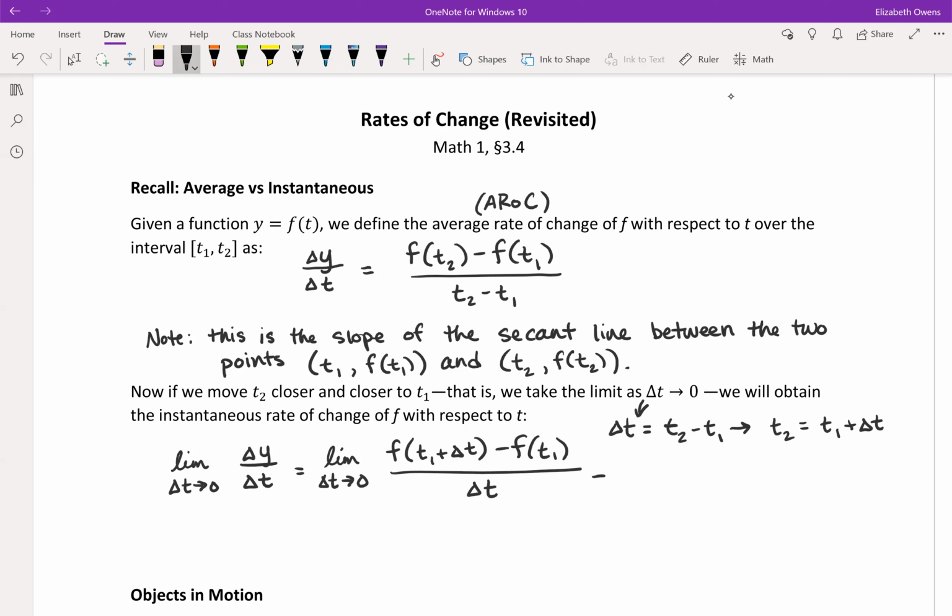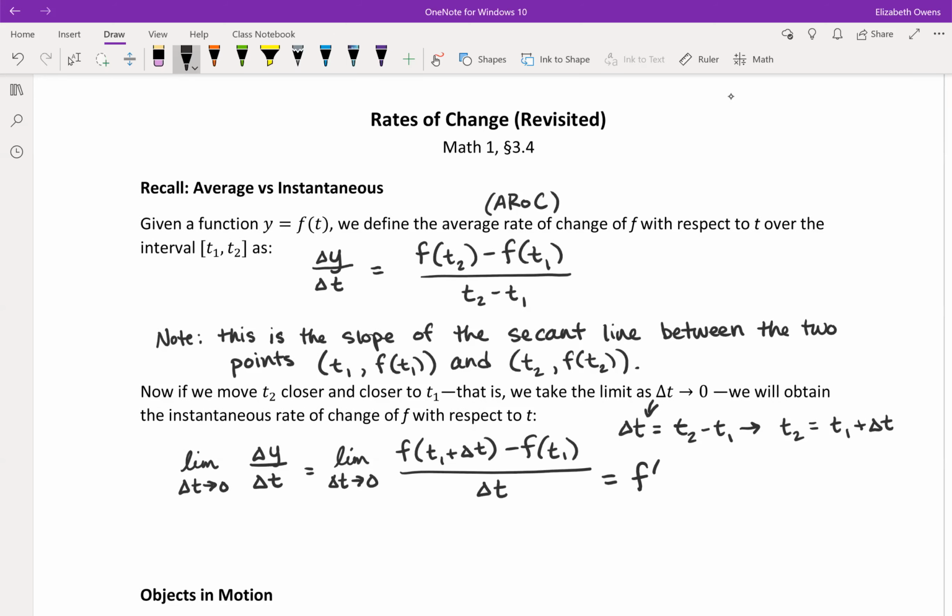So this is going to be f prime of t, or dy dt, depending which notation you like. But the overall idea there is that this is referring to the derivative. All right, so the derivative provides an instantaneous rate of change.